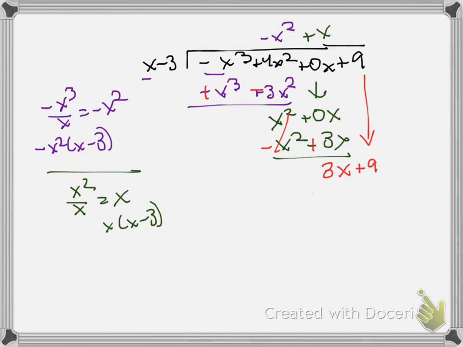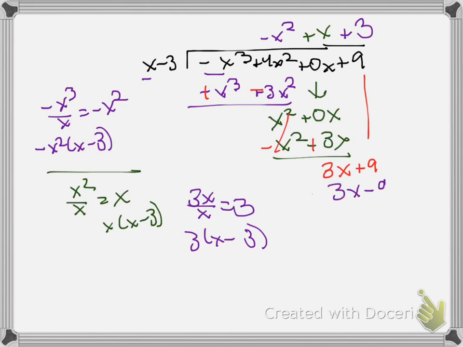Then we go into the last one: 3x over x is 3, so we add the 3 here. We multiply 3 times x minus 3, which is 3x minus 9. Then we subtract, changing our signs, negative, positive. This should look very familiar, and this is 18, our remainder of 18.